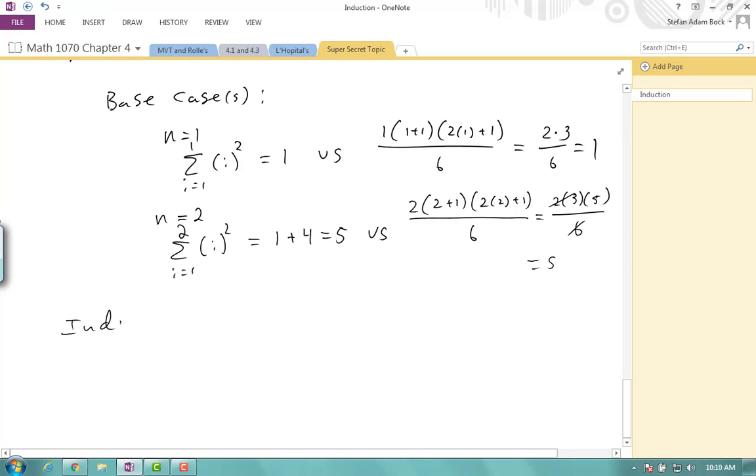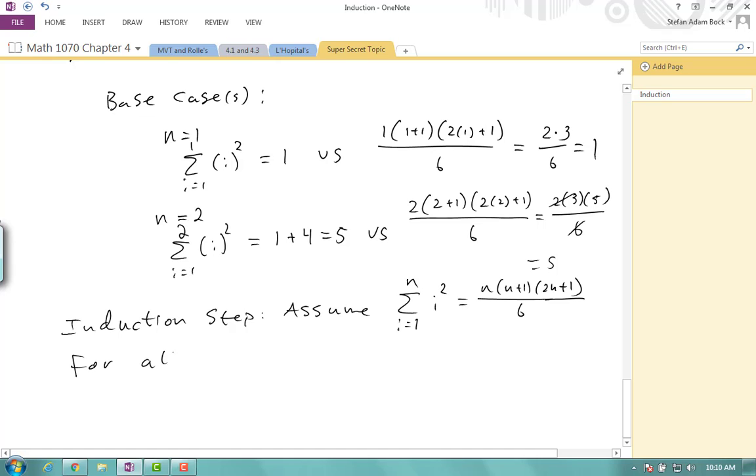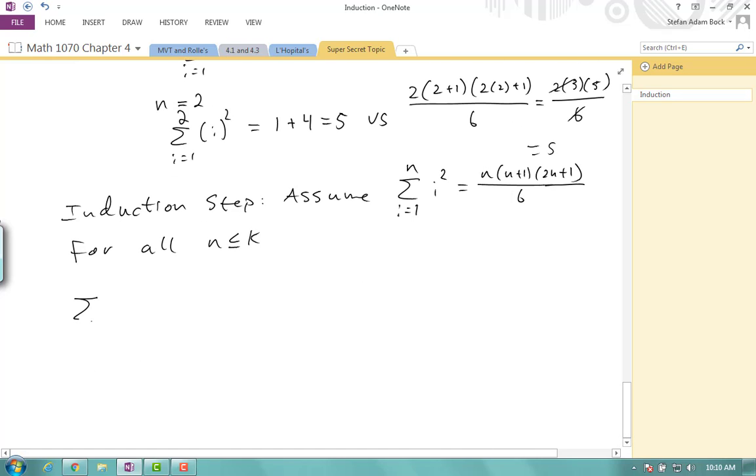Then I do my induction step. I assume that this formula is true for all n up to a certain integer k, so for all n less than or equal to k. And I'll find out what the sum up to k plus 1 is.